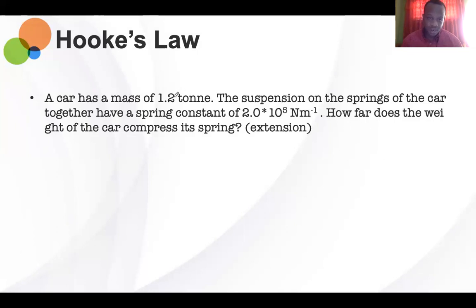So when we add a mass of 1.2 tons, how far does the weight of the car compress its spring? So that's essentially the extension. Remember our formula for Hooke's law.